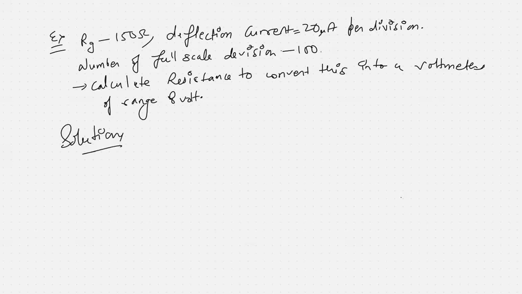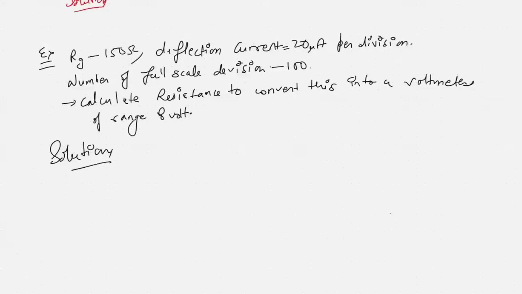Ketna, tell me what you understood and what is given in the problem. IG is 20 microampere per division and multiplied with 100, sir. All right. So for one division, what is the current?